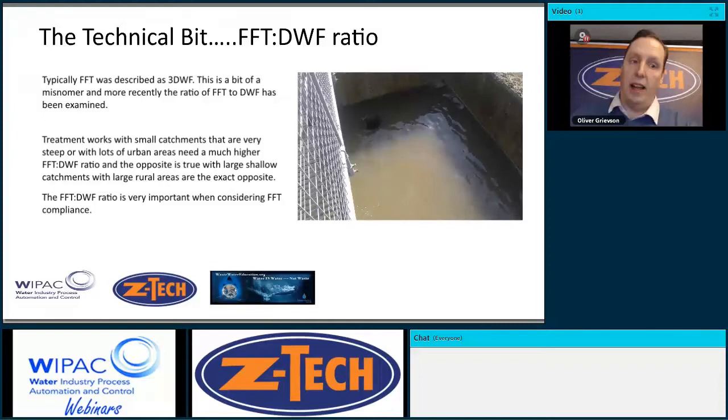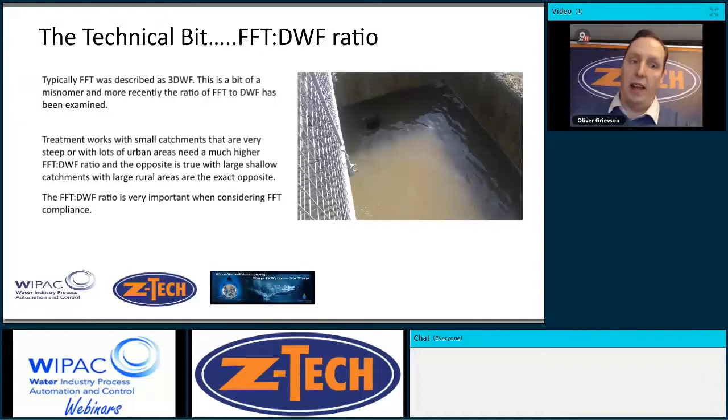Basic picture of what that looks like, if no one knows what that looks like. But basically, flow comes into the works. On a large works, you quite often have a Formula A overflow. You have that storm split within the preliminary treatment. The flow that passes forward to treatment is the pass forward flow.